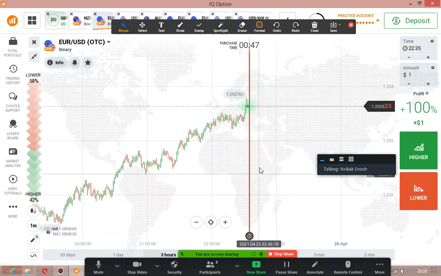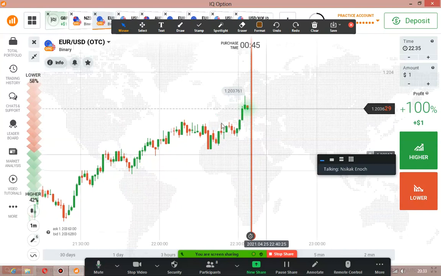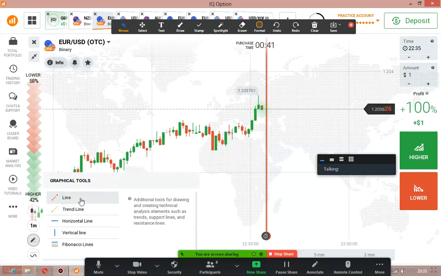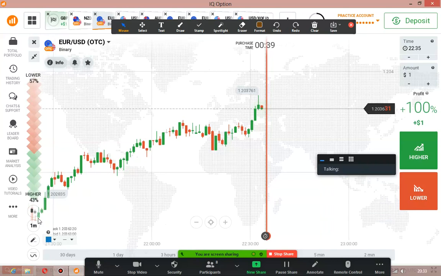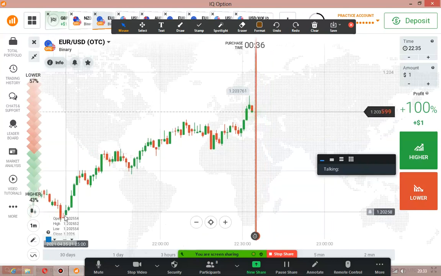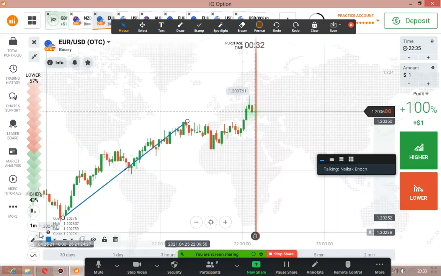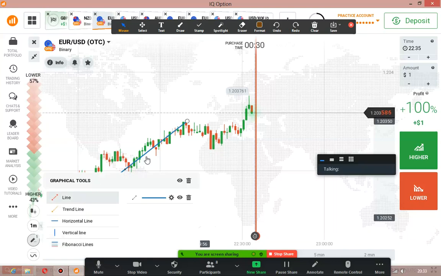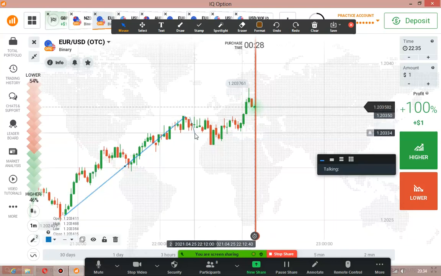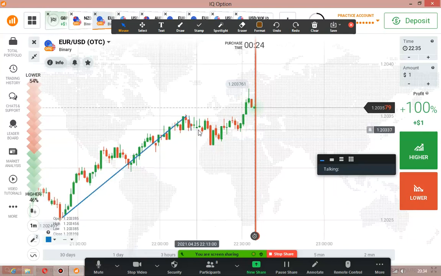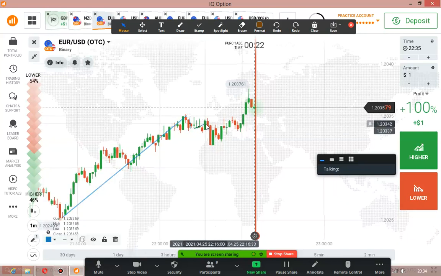Here the trend is up. Okay, the trend is up. Uptrend, pullback, up again.